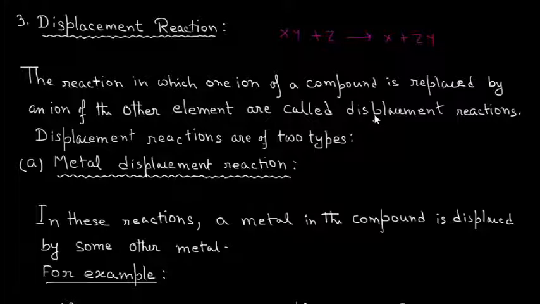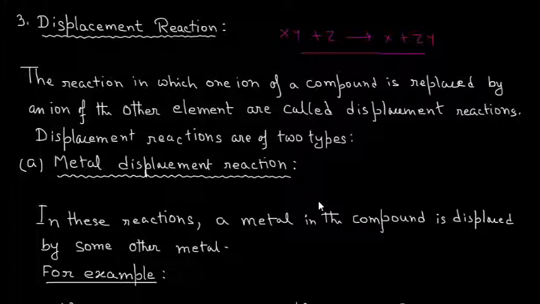So X is displaced by Z. So the reaction in which one ion of a compound is replaced by an ion of another element is called a displacement reaction. This is the type of displacement reaction.